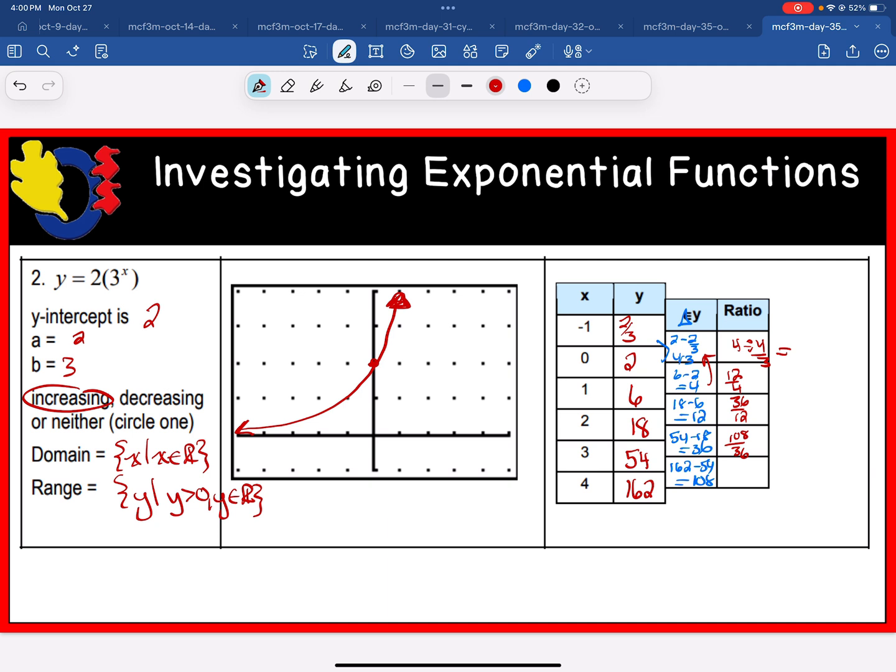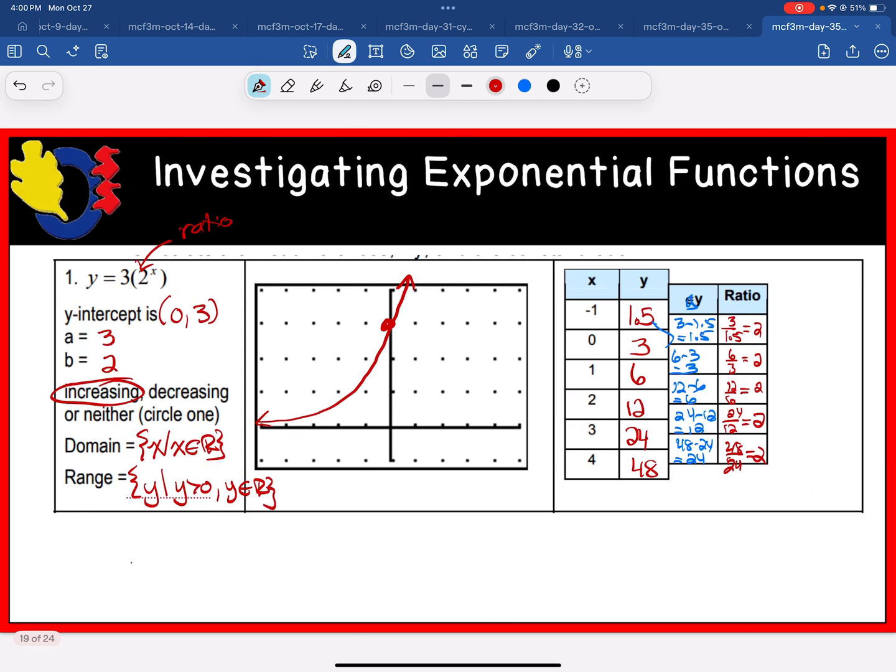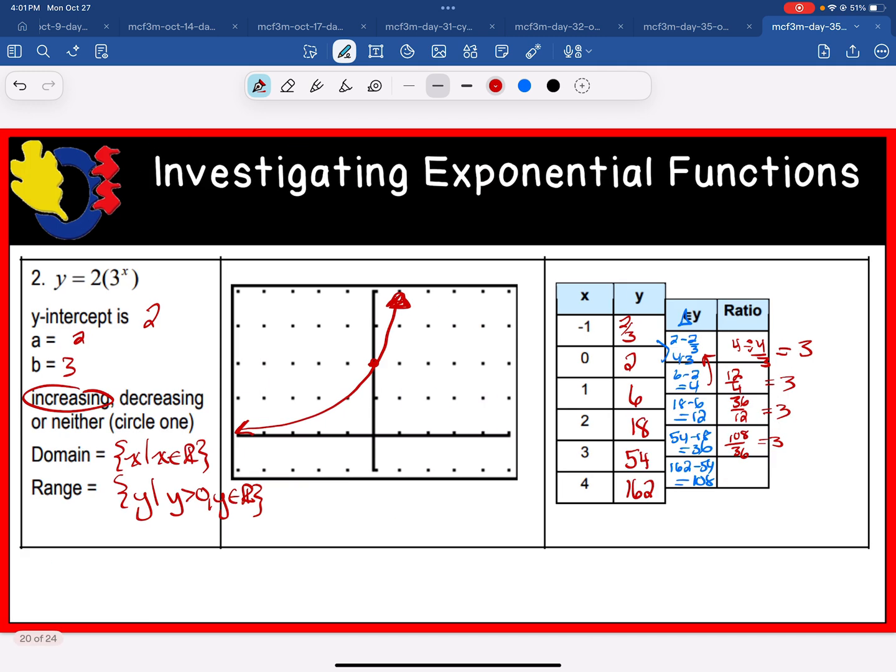And we should get 3, 3, 3, 3. I think on my last slide here, I accidentally said go back to the y column. I meant the change in y. So 3, 3, 3, 3, and so that's the 3 in the brackets over there, for the ratio.